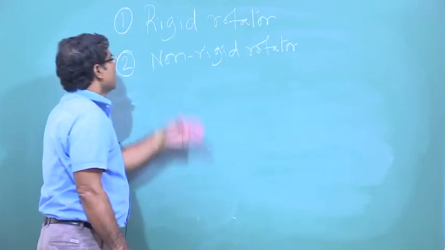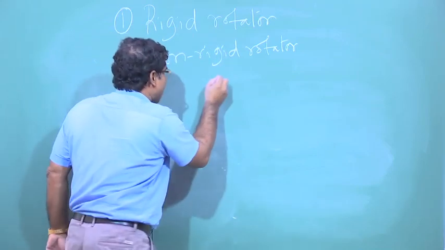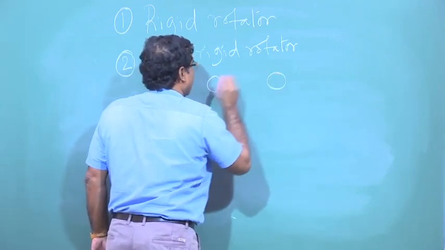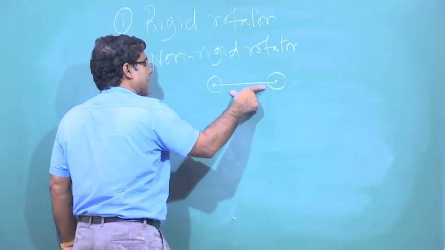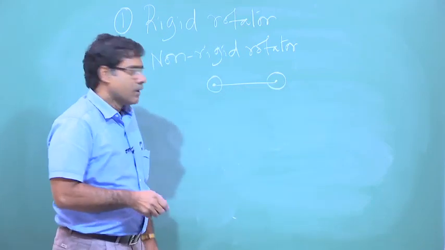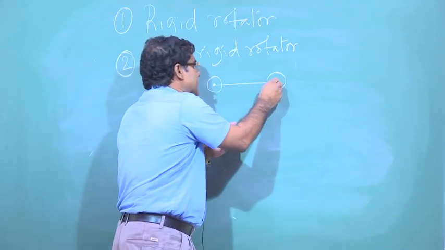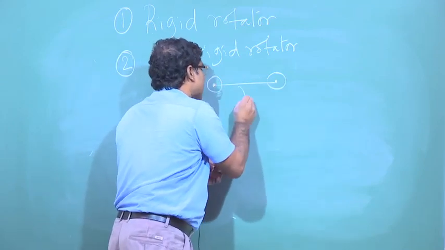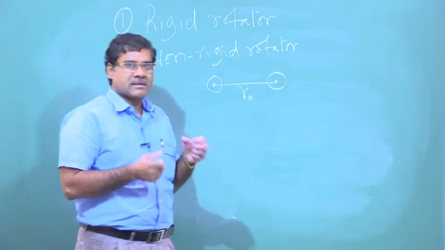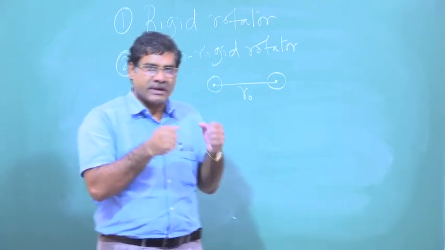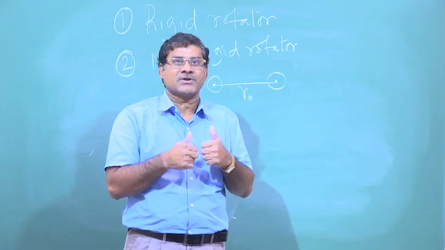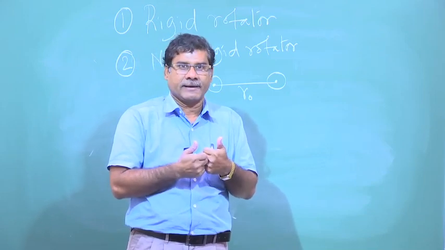What is this? So rigid rotator: you have a molecule, okay, having bond length r0. Now, if this distance remains the same all the time, these two atoms are tightly bound with each other, so this bond length does not change during rotation. Okay.